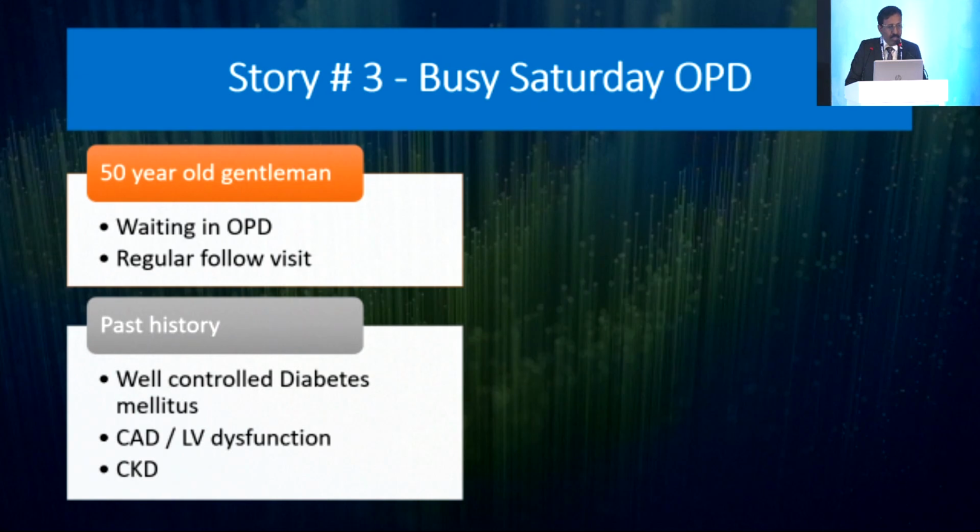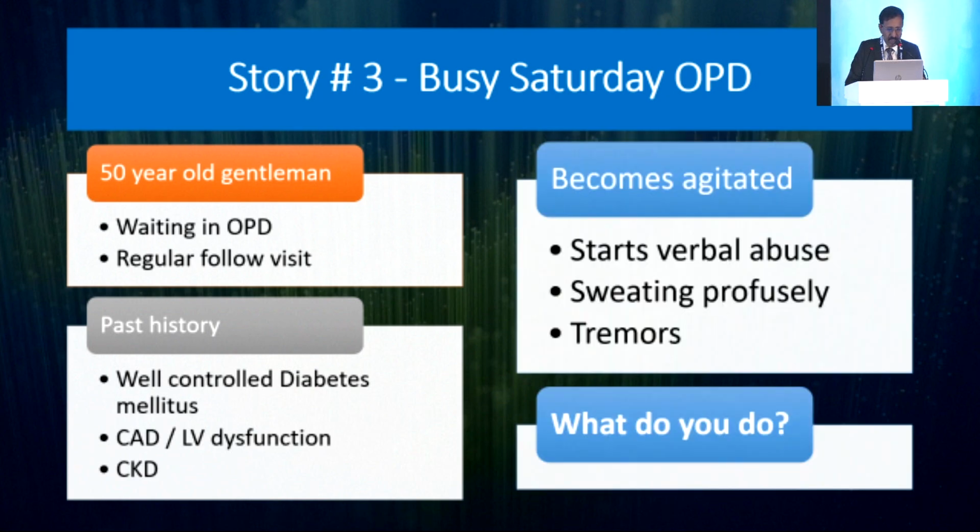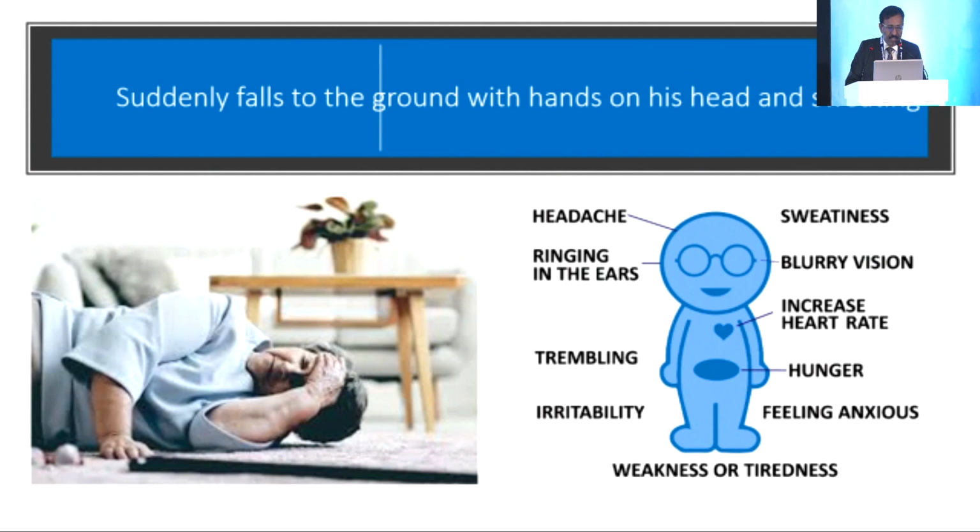The third story is about a 50-year-old gentleman waiting in the OPD, with well-controlled diabetes. Because he is a regular patient, we know the history, with cardiac dysfunction. Suddenly he became agitated and started sweating profusely with tremors. So what do you do? He fell to the ground with hands on his head, sweating.